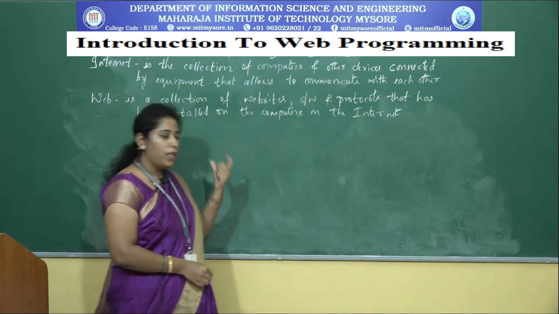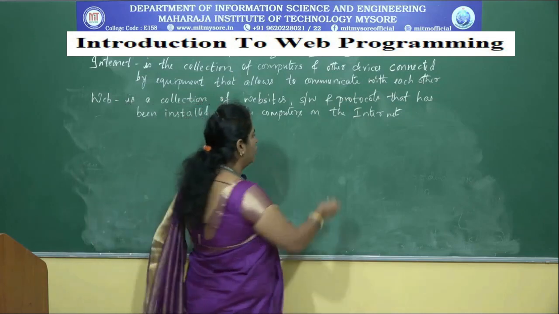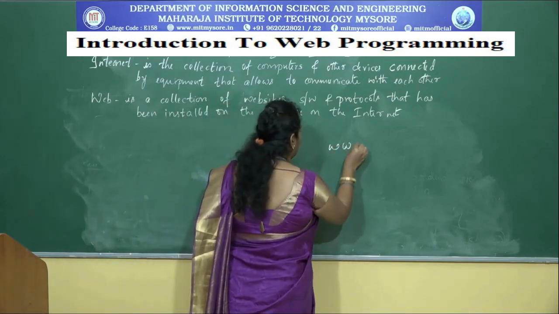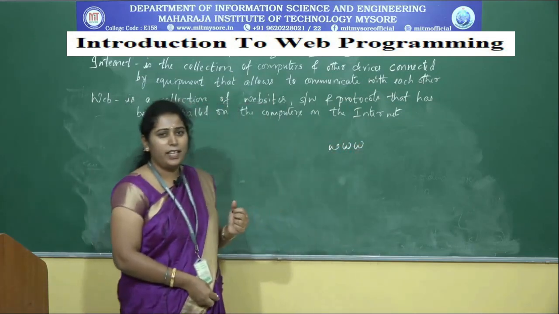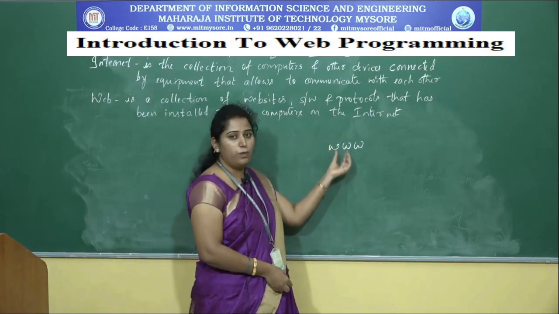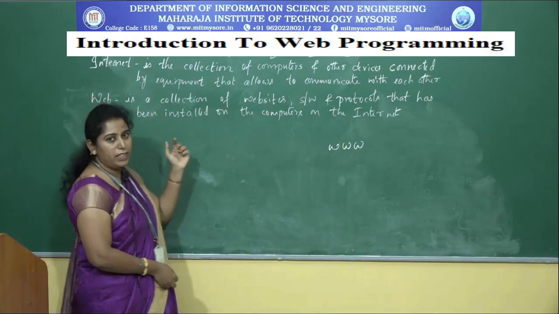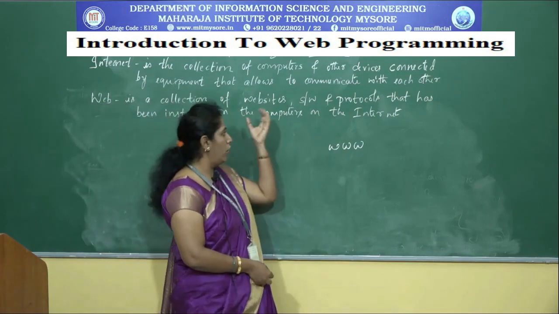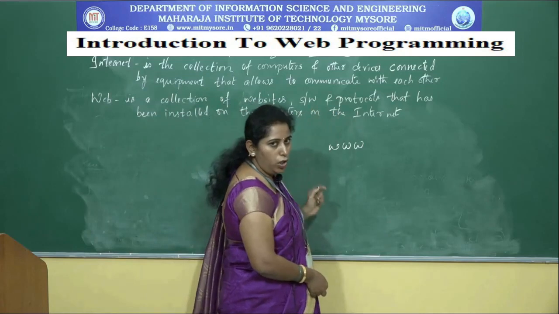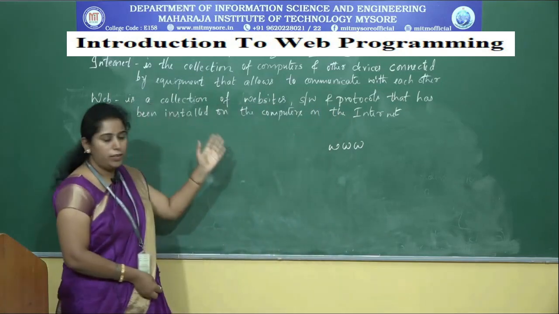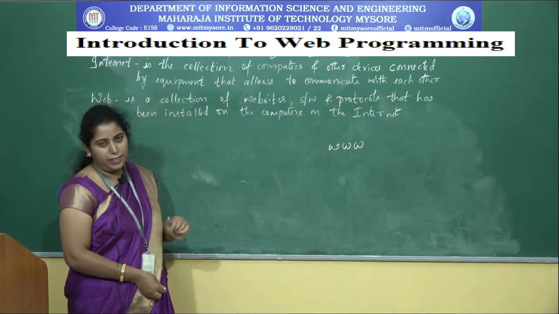We are used to the word www. So what is this? World Wide Web. What do you mean by a web? Web is a collection of websites or software and protocols which are installed on the computers on the internet.